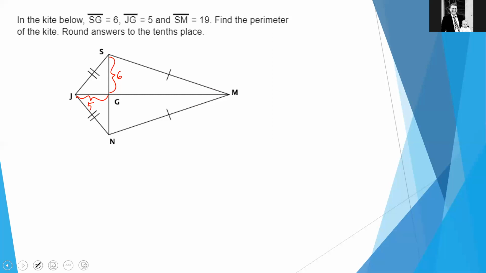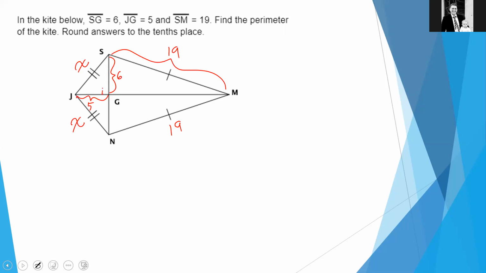And from S to M is 19. And it says find the perimeter of the kite. So I know that this is also 19 because those two are marked congruent. But I need to find this side. And once I find that side, I know I'll have my other missing side, and I can add all 4 of those sides up, and I'll have my perimeter.